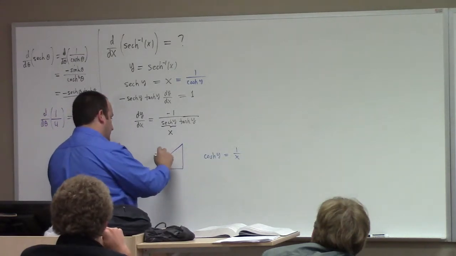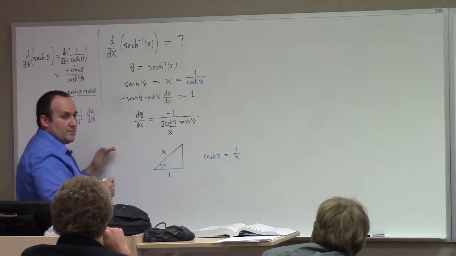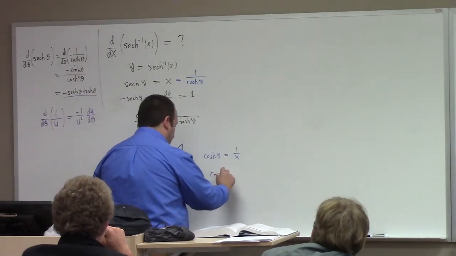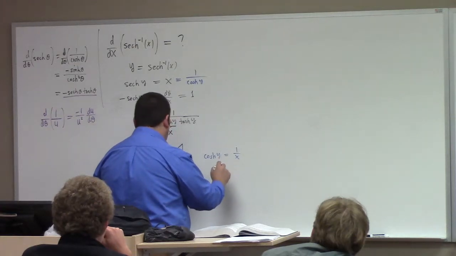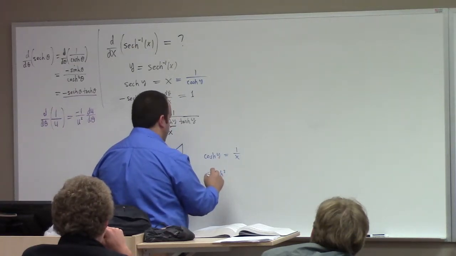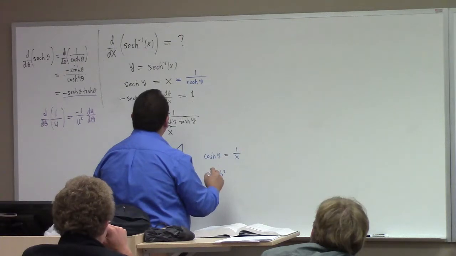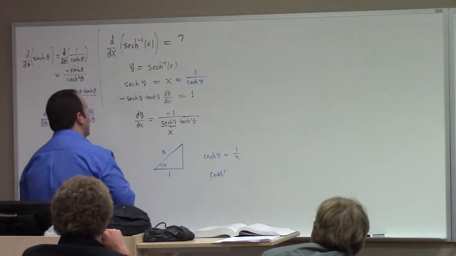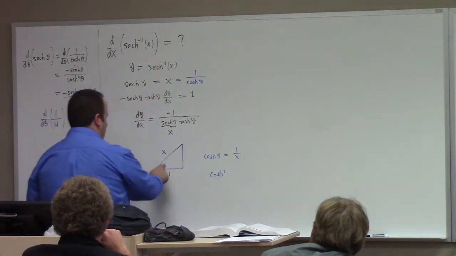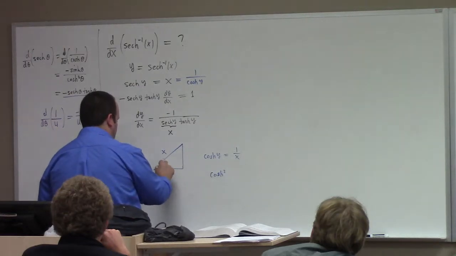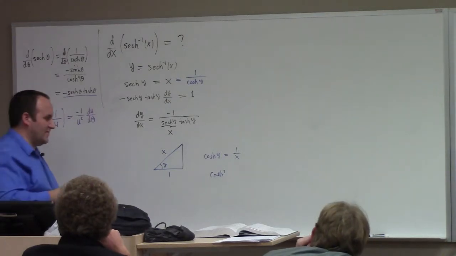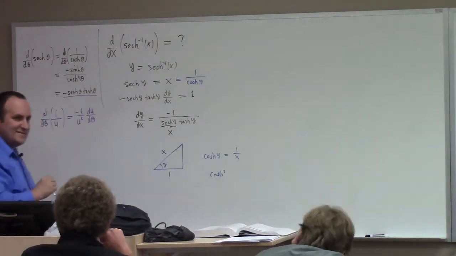I can think about this being x. But the thing is, cosh squared, sorry. That's y. I'm an idiot. That's y. Sorry, I was having this very strong cognitive dissonance, something wrong. That was a y. Okay, fine.